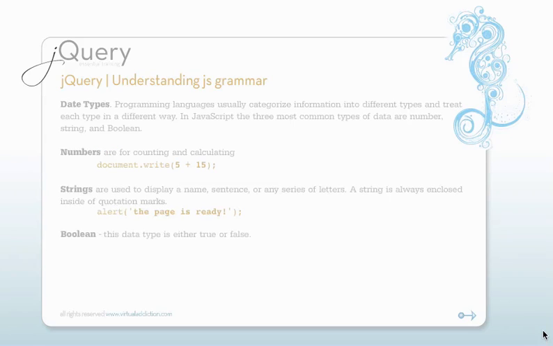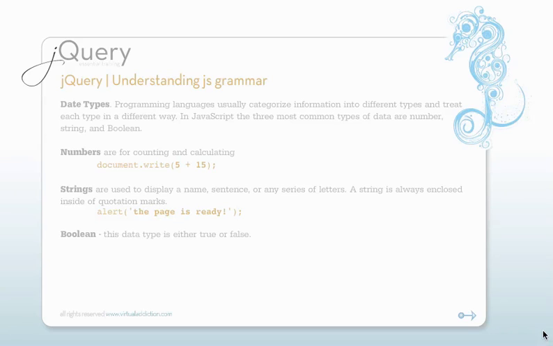You deal with all sorts of different types of data every day, within jQuery and JavaScript or without. For instance, you would tell someone your address, you would give someone your phone number, you'd tell them your birthday, you would pay for gasoline, and there would be a transaction with different amounts of money, change, what it costs, whatnot. Computer programs are kind of the same.